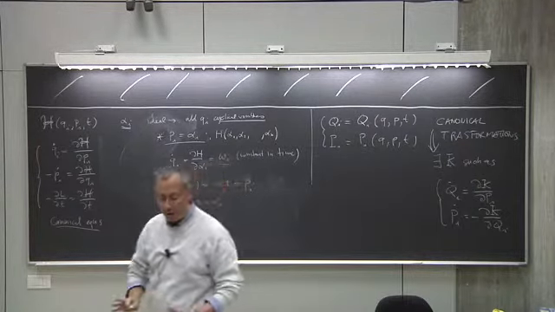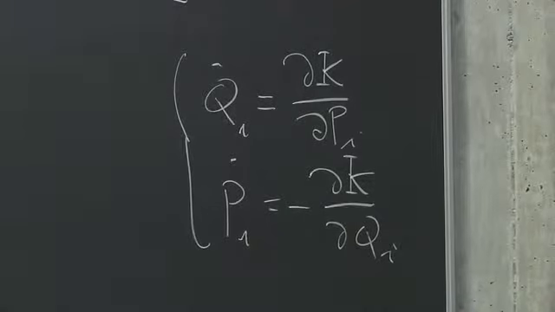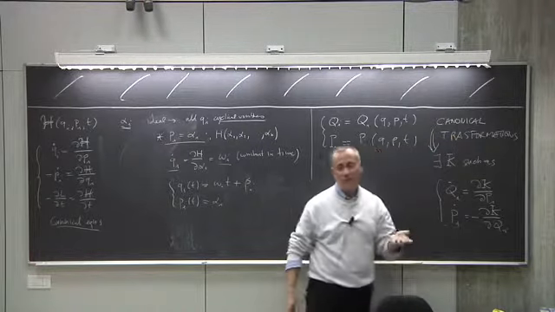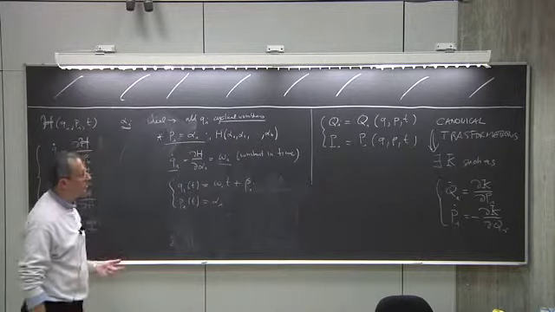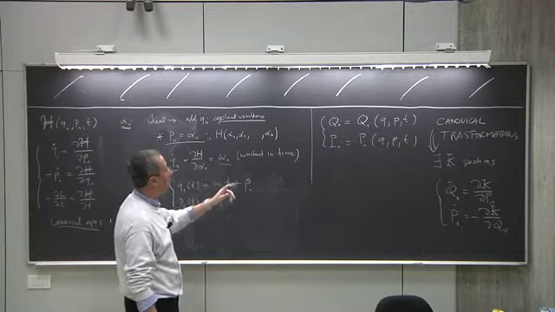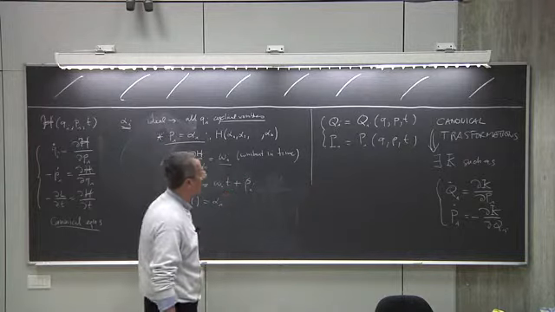So it's a very large set of transformations, but it's not all possible transformations. There are transformations that are canonical and others that are not. And you are allowed to use only canonical transformations in order to hunt for cyclic variables.